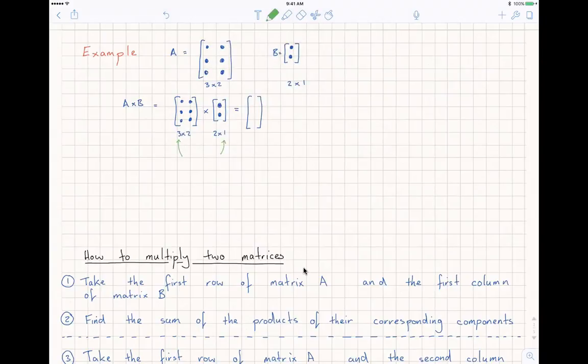Our resultant matrix is of order 3 by 1. And here's our 3 by 1 matrix.